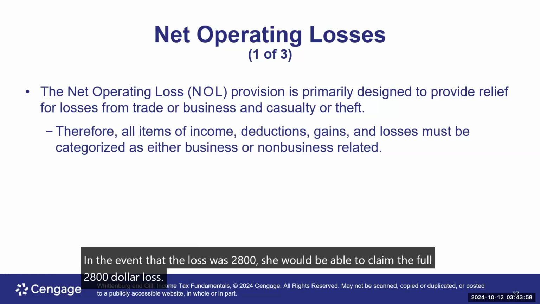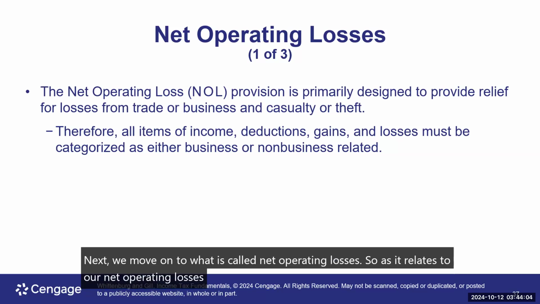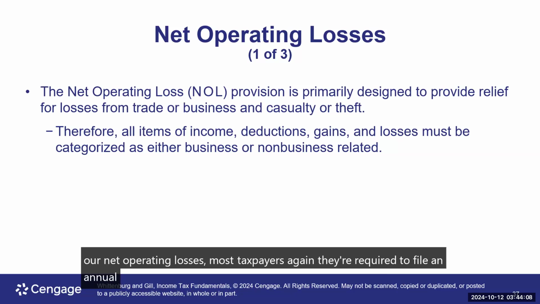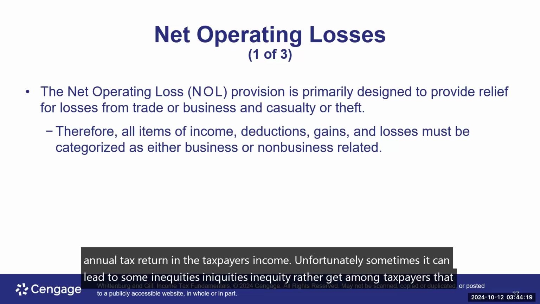Next, we move on to what is called net operating losses. So as it relates to our net operating losses, most taxpayers, again, they're required to file an annual tax return, and the taxpayer's income, unfortunately, sometimes it can lead to some inequity among taxpayers that have the same taxable income over a number of years.